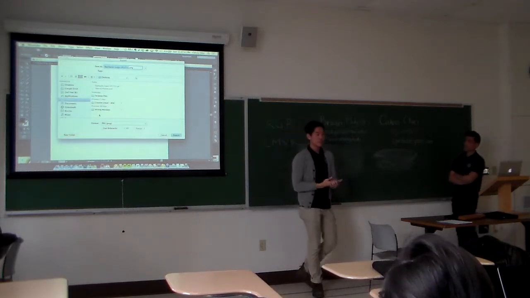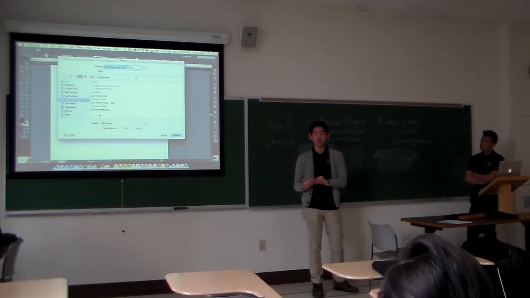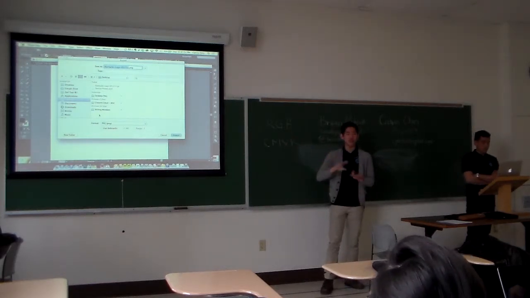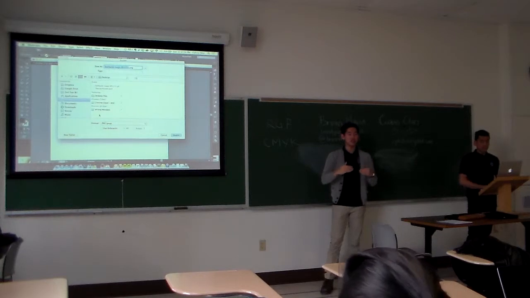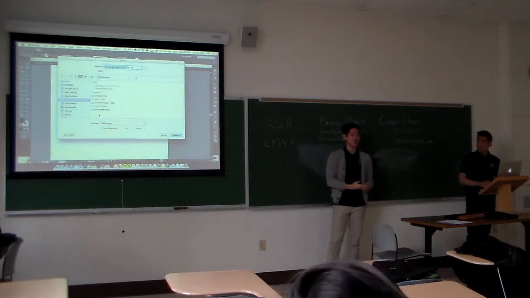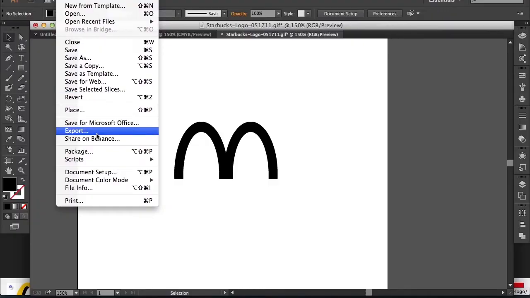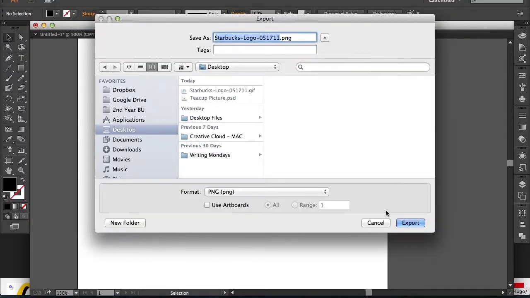So the common thing to use is basically saving in PNG. For Photoshop, probably it's JPEG, but for Illustrator, PNG is the most useful. There are a lot of file types, but that's just different preferences, and PNG is the most general. Just as a reminder, you go to File and then Export, and then you get the PNG option.